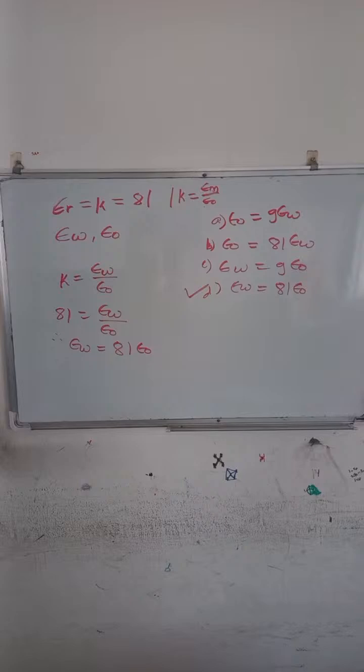The force of repulsion between two electrons at a certain distance is F, capital F, full stop.